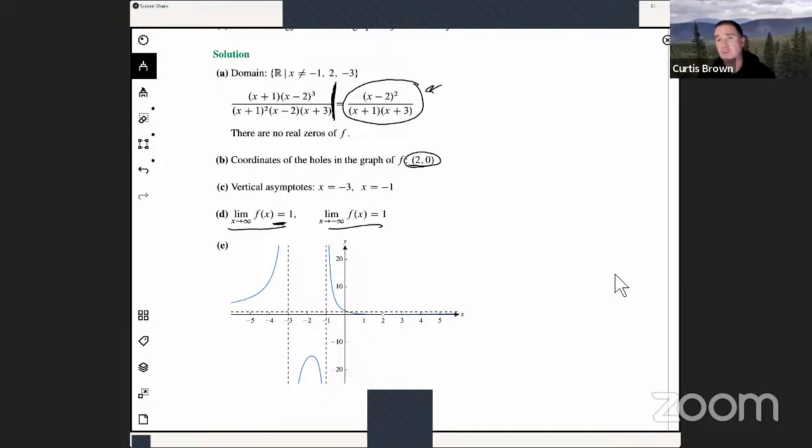Seems reasonable to look at how those values of x impact both the numerator and denominator. Okay. As x gets really, really large, the numerator is going to get really, really large. Yes. And likewise in the denominator.